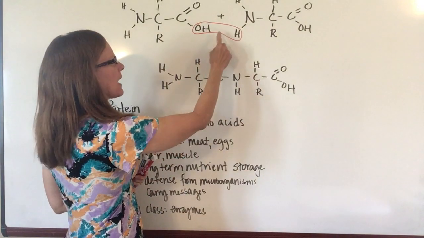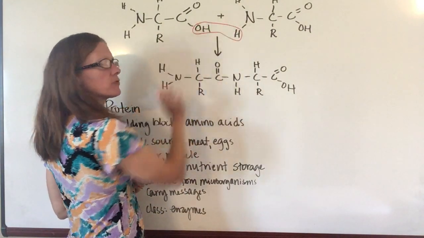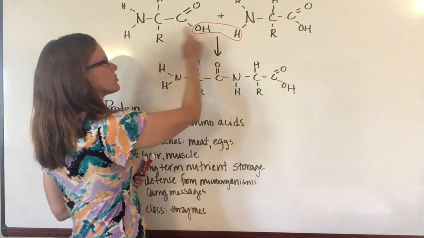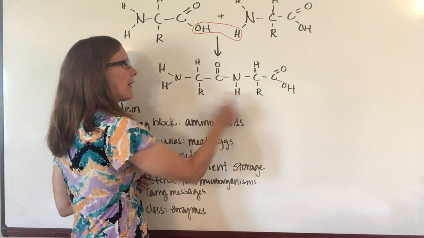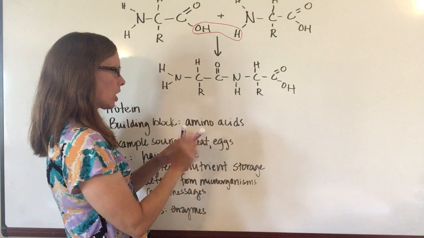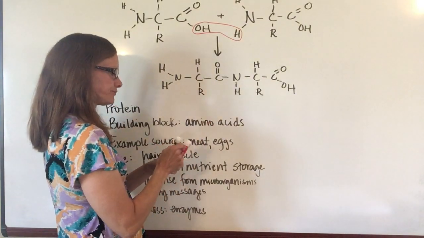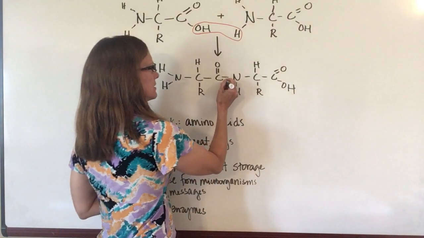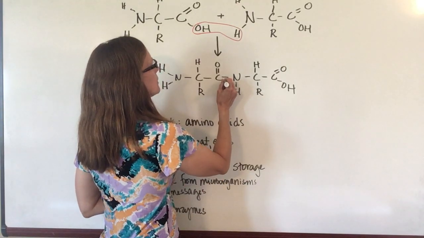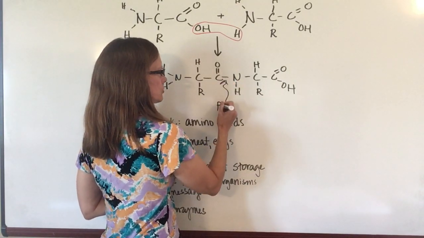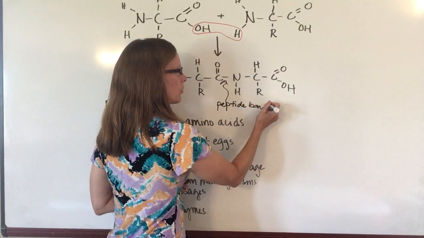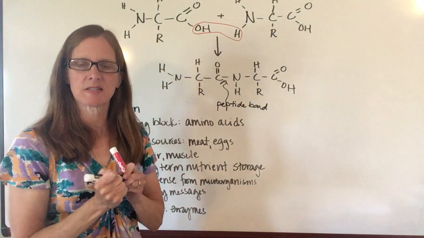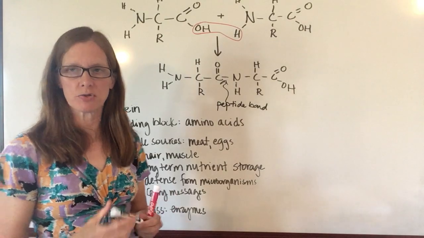And once I do that, then these guys are looking for something else to bond to. And so the carbon and the nitrogen are now bonded to each other. And I now have what is called a peptide bond, which is right here between this carbon and nitrogen. So here's your peptide bond. And peptide bonds are what bond together amino acids to make polypeptides or proteins.